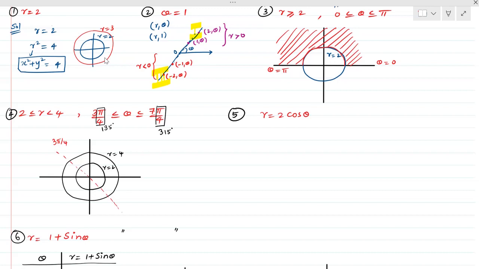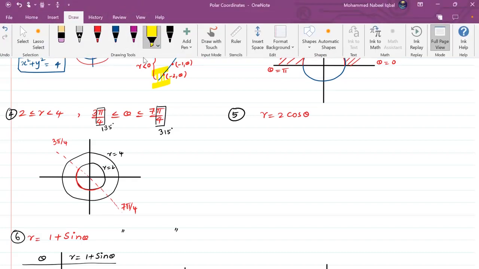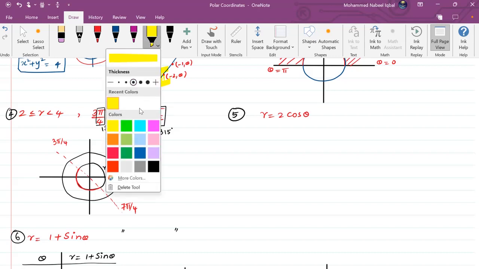So these are the theta values, and you have to shade the region in between the circles. And one more thing: this r equal to 2 is included because it is less than or equal, but the 4 is not included.